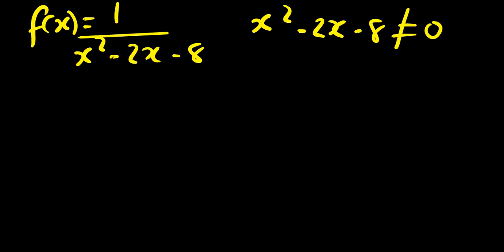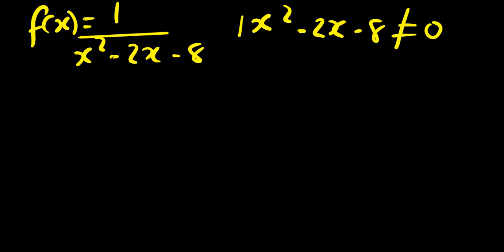We're going to factorize. We're going to look for two numbers that multiply to give us negative 8, where you multiply the coefficient of x squared and the 8. Those two numbers are positive 2 and negative 4.